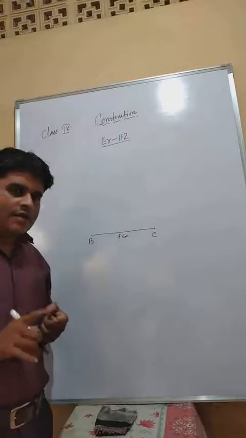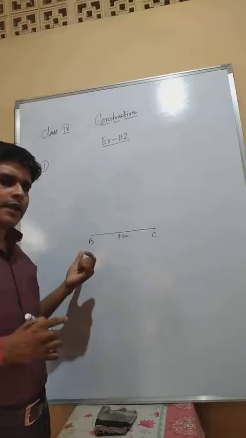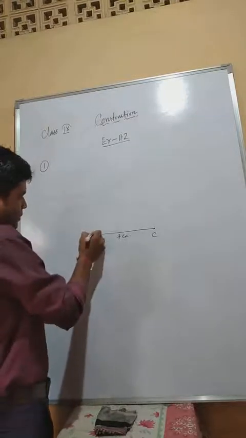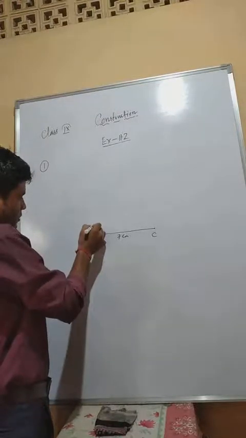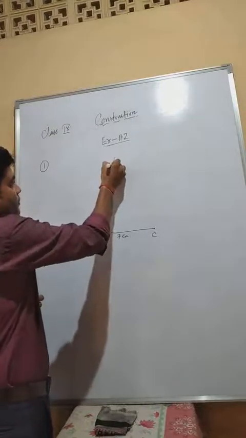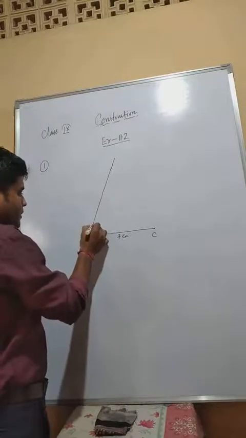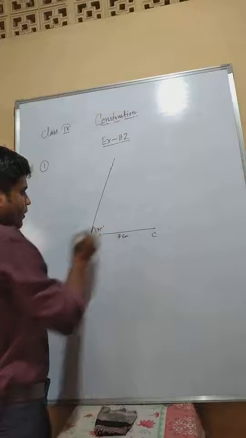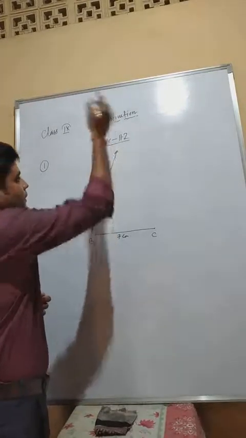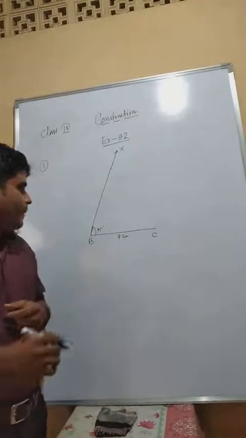So by protractor you can draw one angle 75 degree at B. Suppose like this, this angle is 75 degree. But this is the line, ray. Suppose BX is the ray.